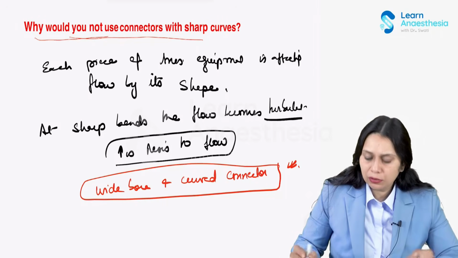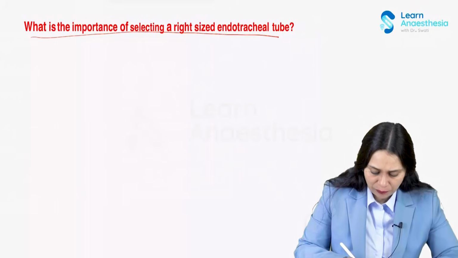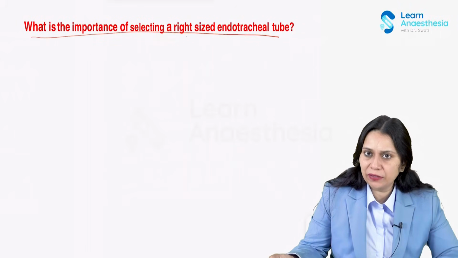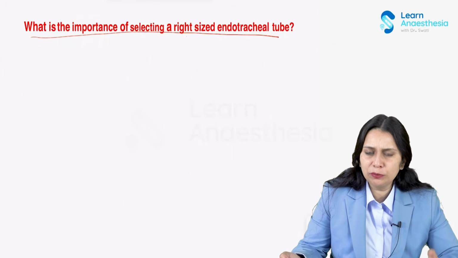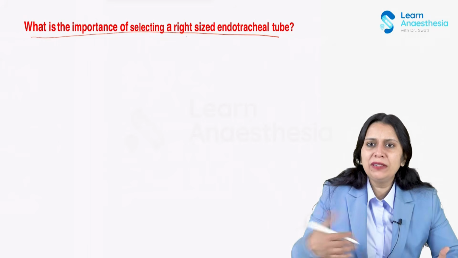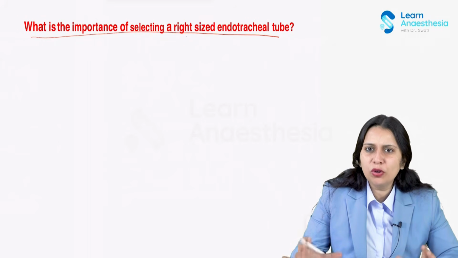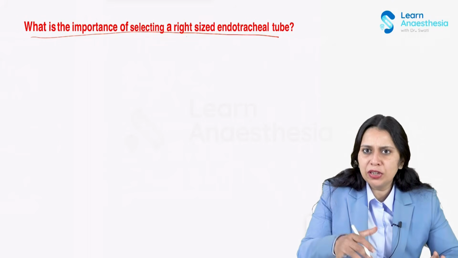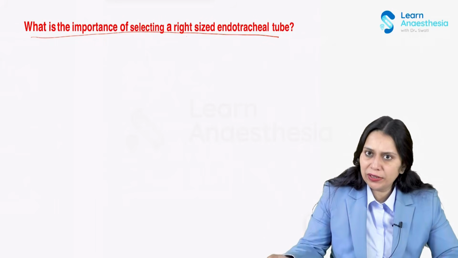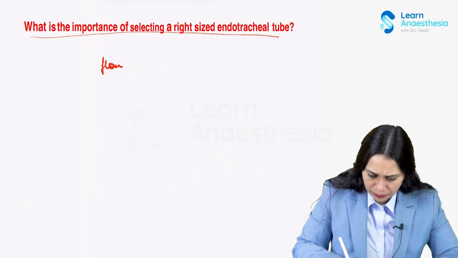Okay. Next is, what is the importance of selecting the right size of endotracheal tube? If we use a very small diameter endotracheal tube, the resistance would be very high because the flow would change from laminar into turbulent. We have already discussed the flow depends on the radius, right?